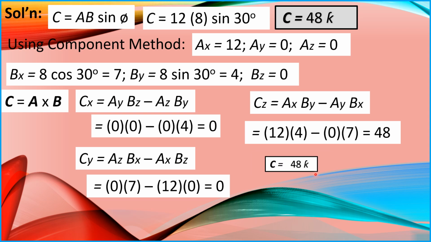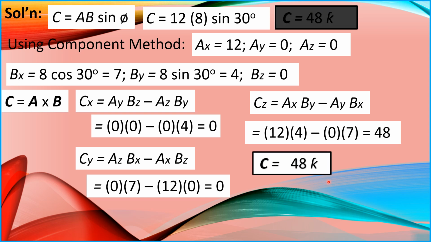This suggests again that the vector product that we are asked to find has a magnitude of 48 units, directed towards the positive z-axis.